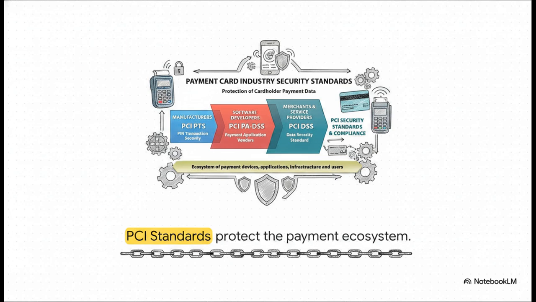This is a rigorous compliance framework required to optimize security across the entire ecosystem of credit and debit card transactions. It covers everyone: the manufacturers building the physical PIN devices, the software developers writing the payment applications, and the merchants processing the data. It's a massive, highly coordinated defense grid intended to protect cardholders against the misuse of their personal information at every single touchpoint.